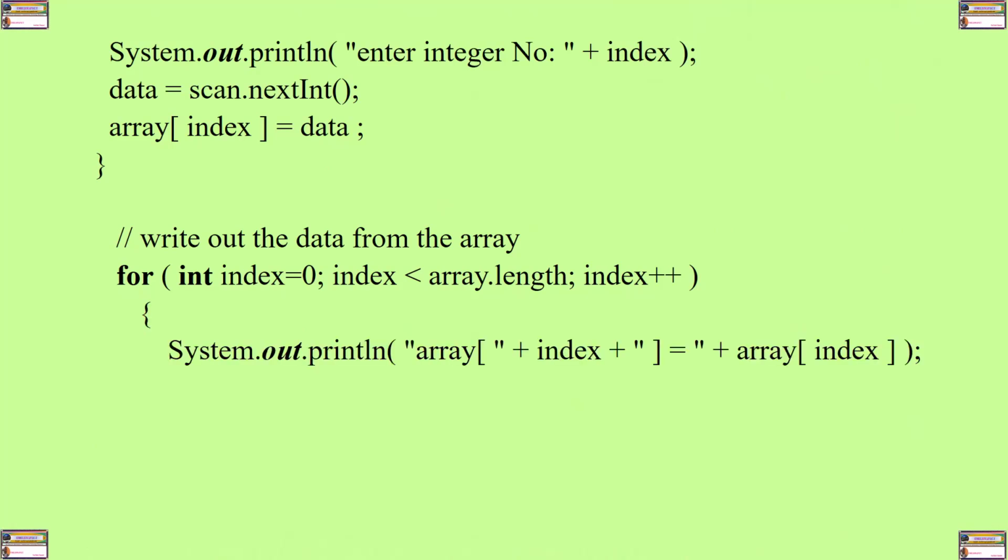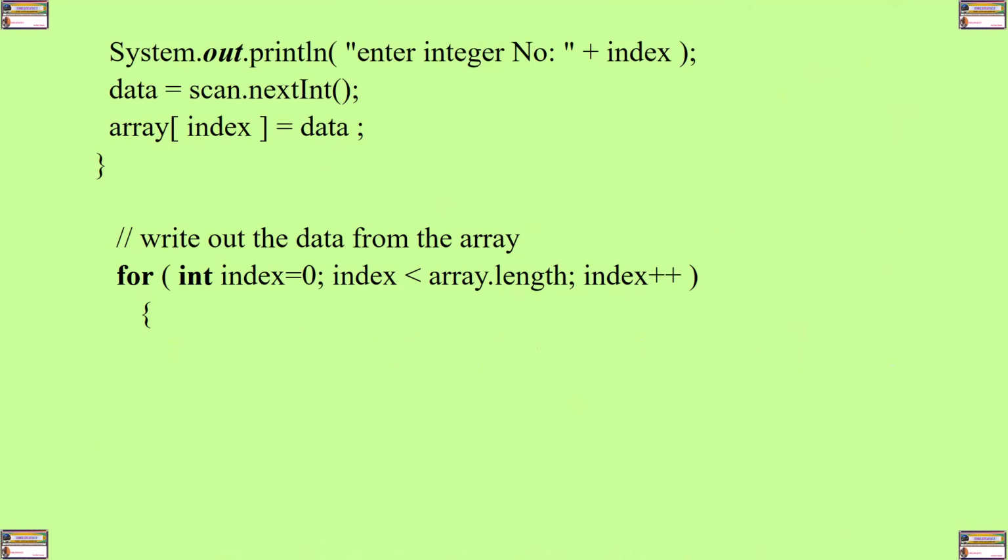If that is true, the statement that will be executed is this one: array index, for example array 0. It will pick the value at index 0 from the array and display it there. And then once this brace ends, the value of index will be incremented by 1. So 0 plus 1 is 1.